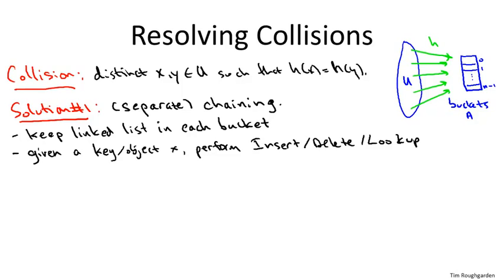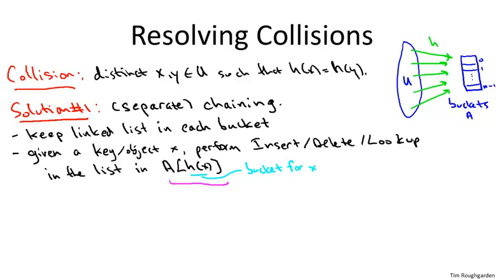So just to make clear that everything is type checking, here h of x is the bucket for x. That's what's specified by the hash function. And then in the h of x position of this array A, in the h of x bucket, is where we find the linked list that is going to contain x. So just to give a cartoon example, if you had, say, 4 buckets, maybe the first bucket has exactly 1 record corresponding to Alice.